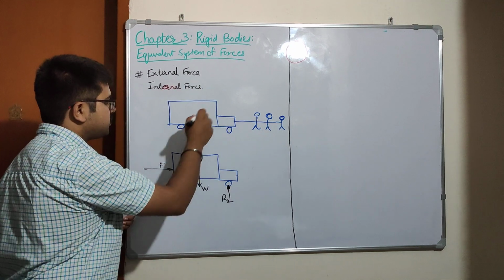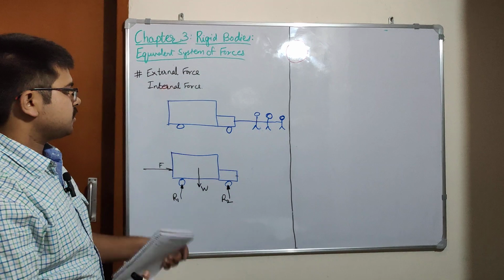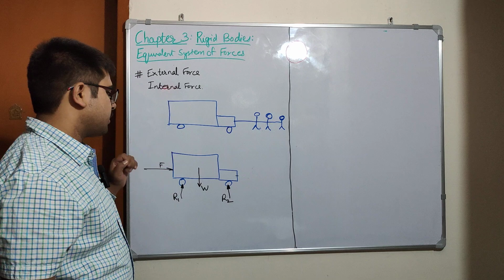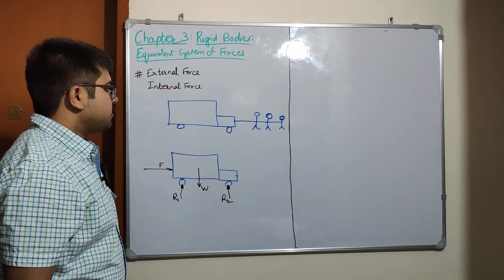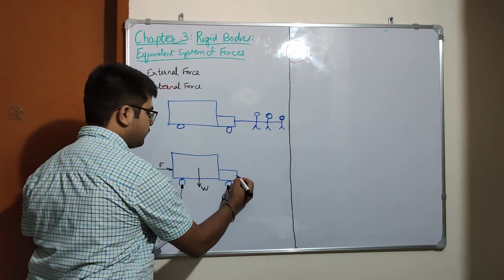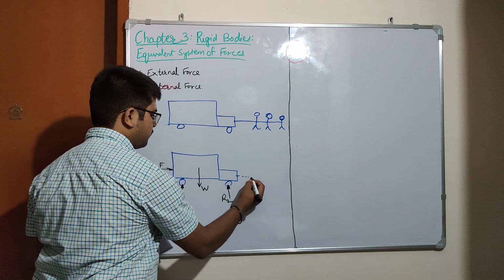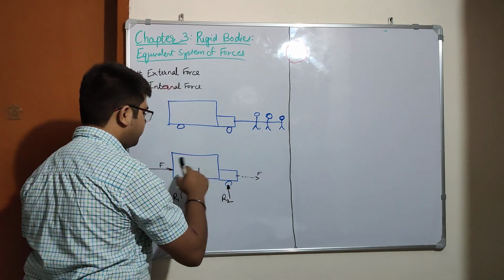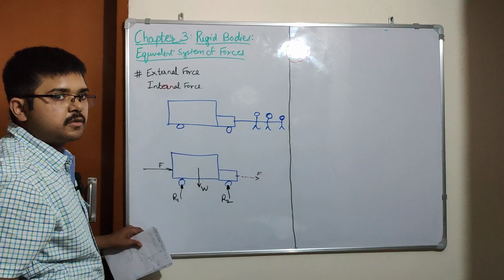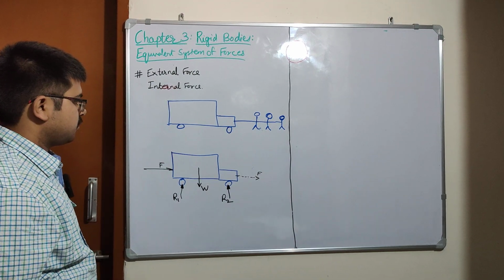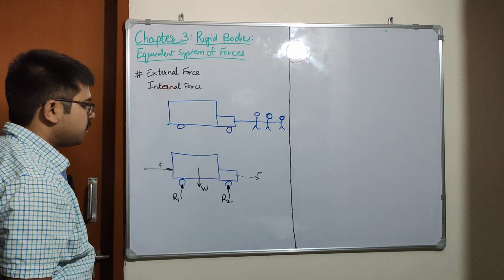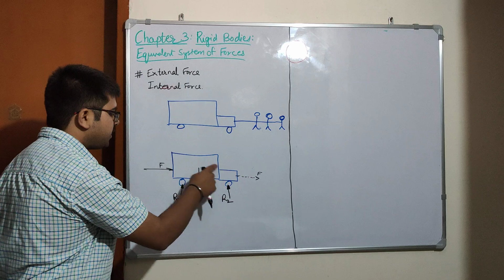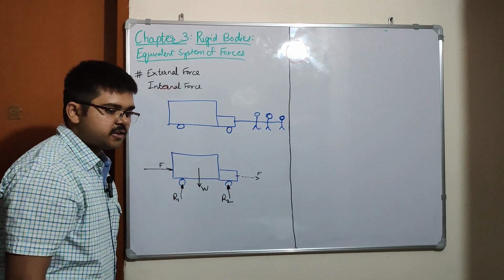So both these situations are same, in which three people are pulling the truck and three people are pushing the truck. So this force F was replaced by a force F here. So the force has been transmitted here. This is called principle of transmissibility.